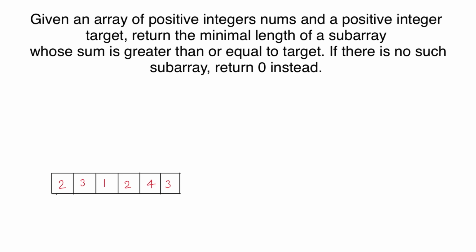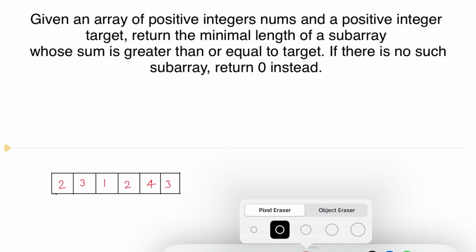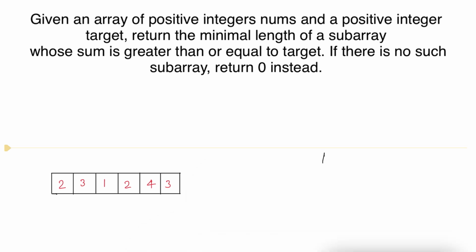Let's consider one example. The array given is 2 3 1 2 4 3 and the target given is 7. Here target is 7. I will represent target with T. So T is 7.